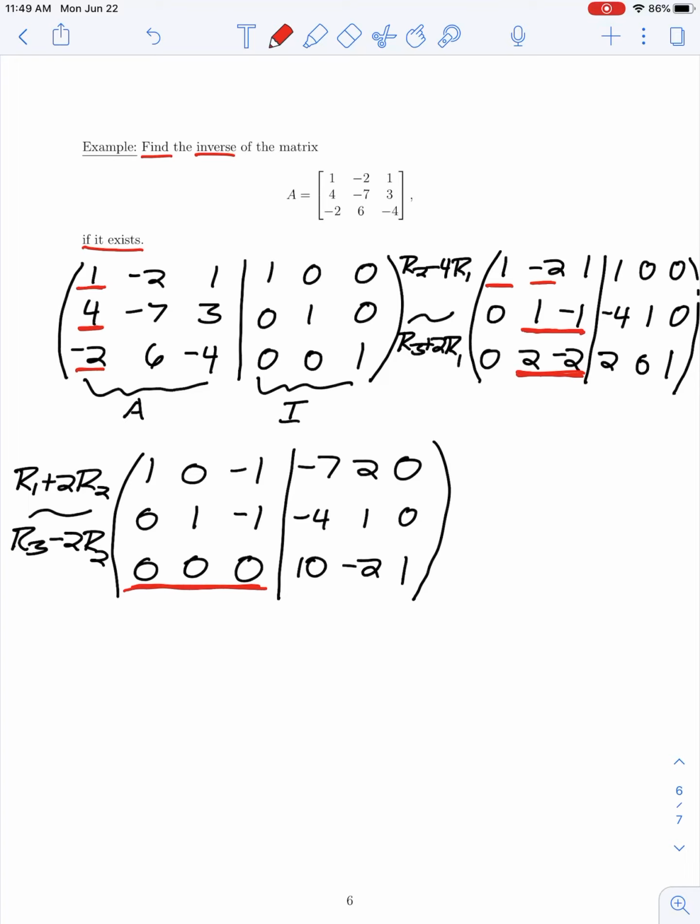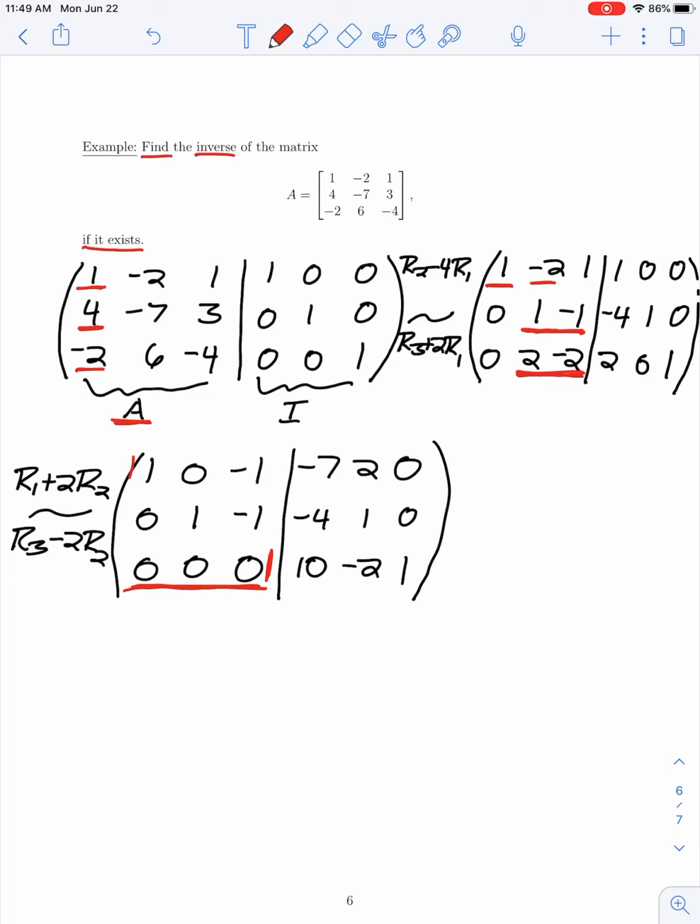So what we find is there is no way to transform the matrix A, which is on the left-hand side of our augmented matrix, into the identity matrix. I can't ever get an entry of 1 for that bottom right-hand spot with zeros elsewhere in that row.